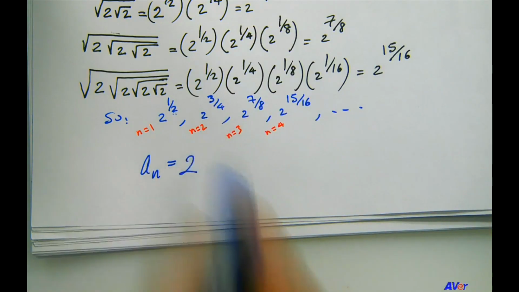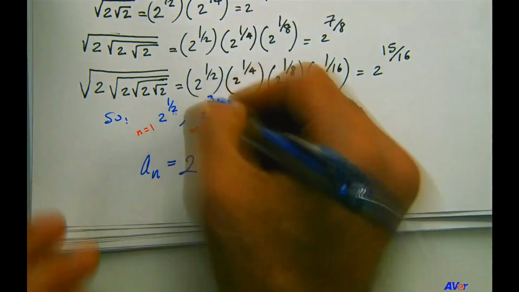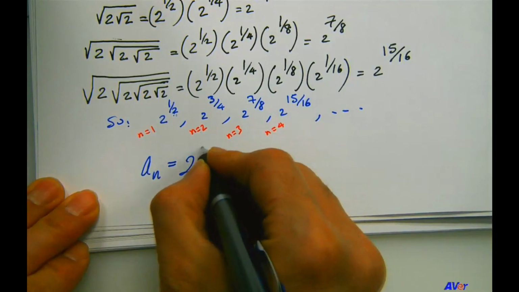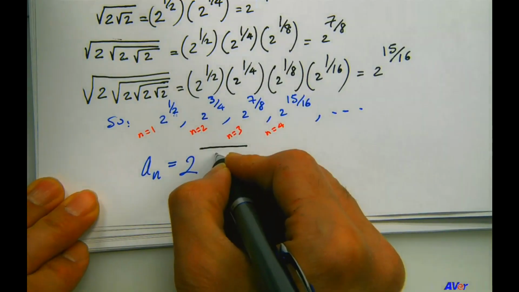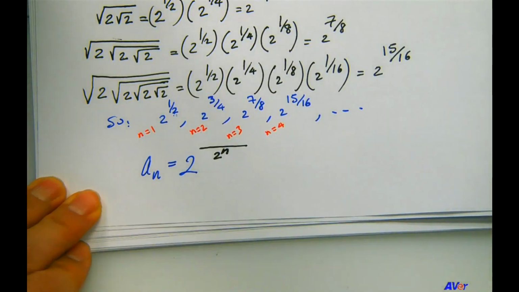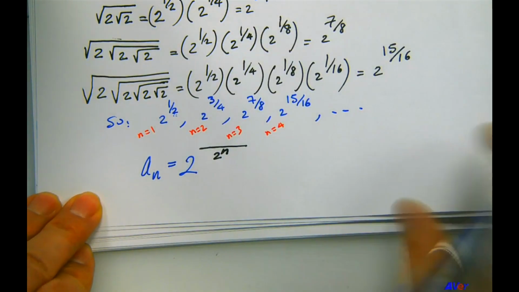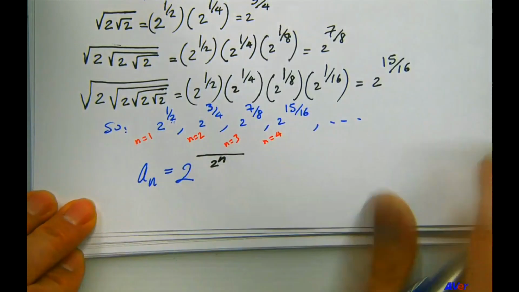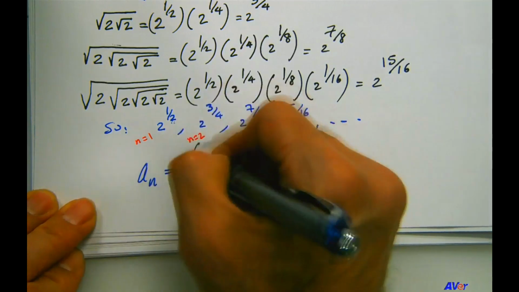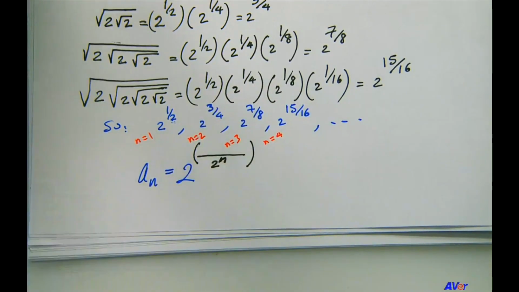So how can we get this power for each one? We can do 2 to the n power. Sorry for making this a little too crowded. It's mixing with that. But 2 raised to some power, let me put parentheses around it.